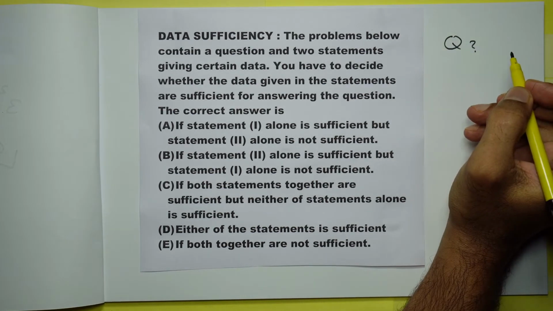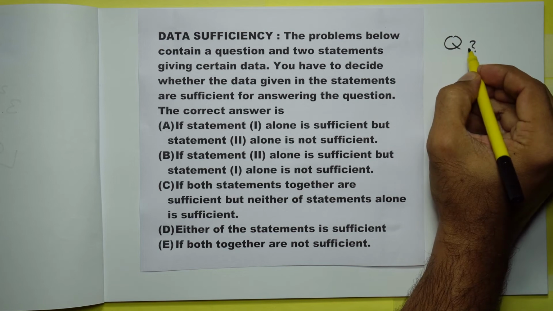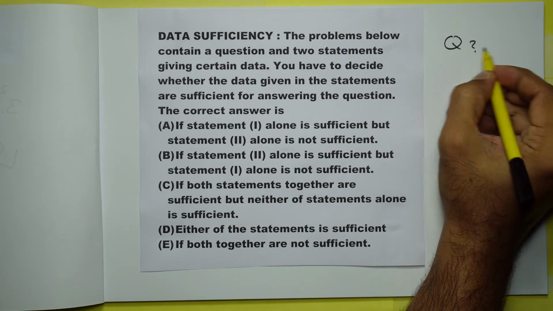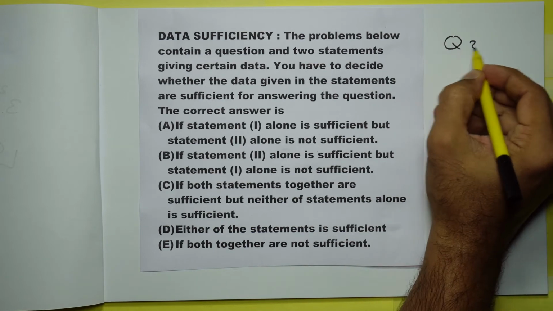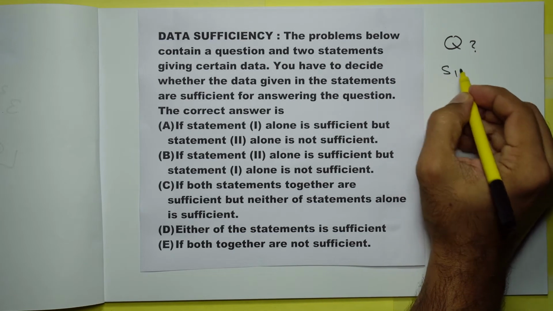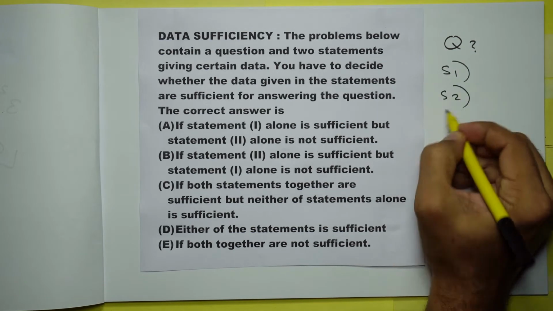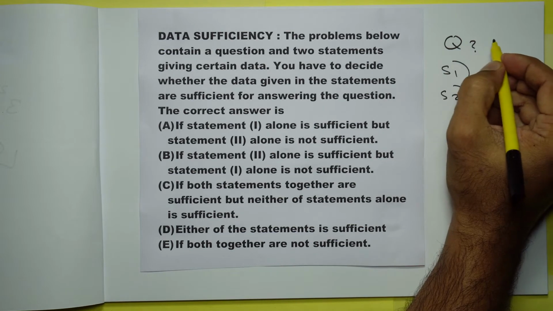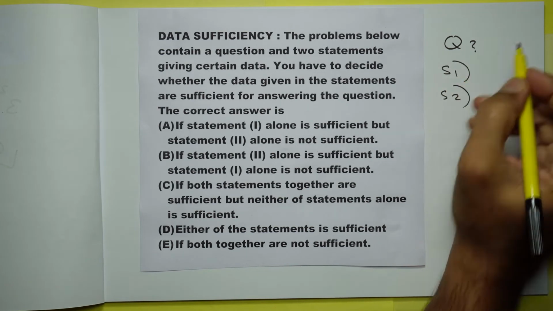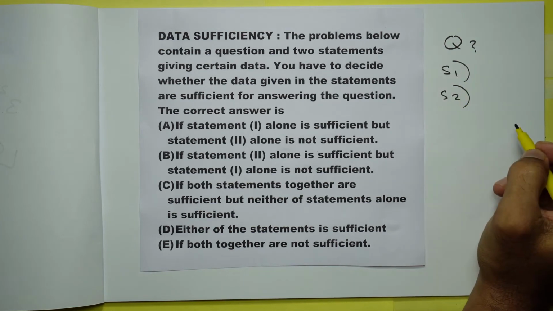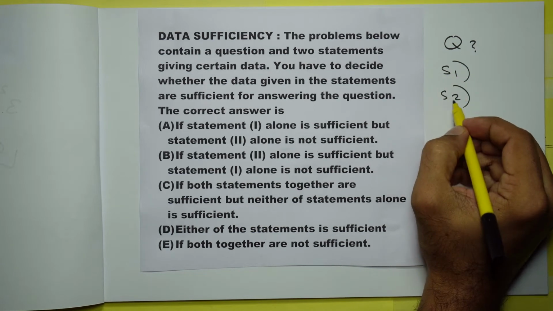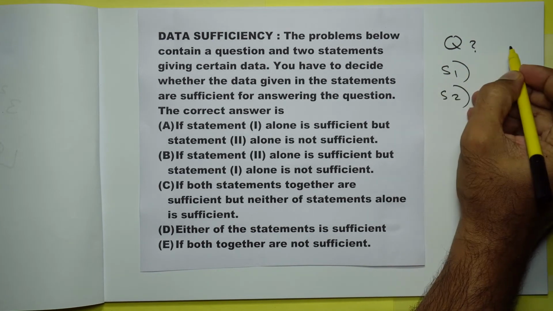Now you have to find the exact and clear-cut answer to this question, and to get that one exact answer you will be given some data, and the data will be given as two statements, that is statement 1 and statement 2. Now you have to find the exact answer to this question, and to get that exact answer, how much data is necessary? That is what you need to find out. So how much data is necessary to get the exact answer to this question?